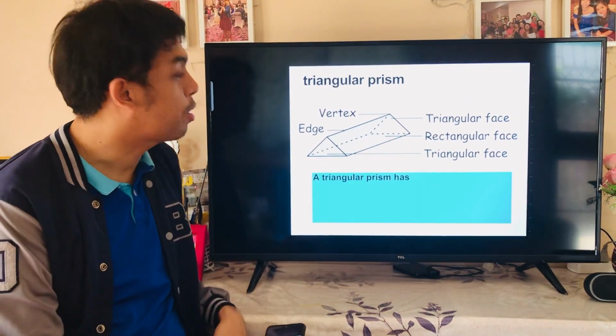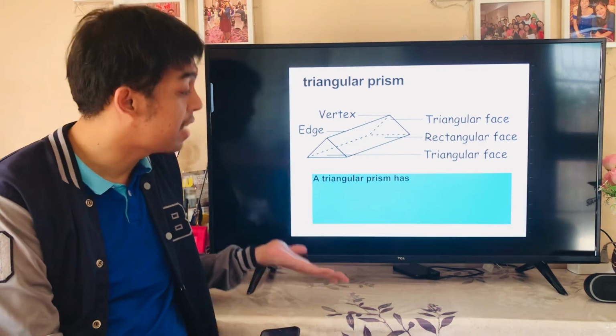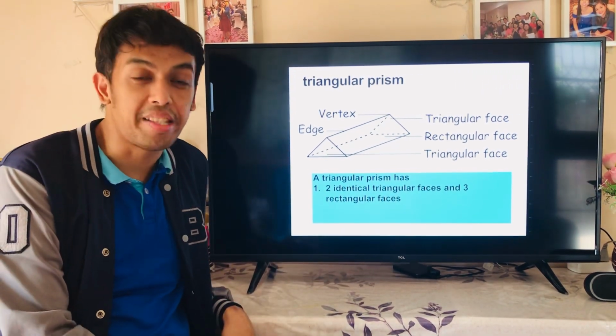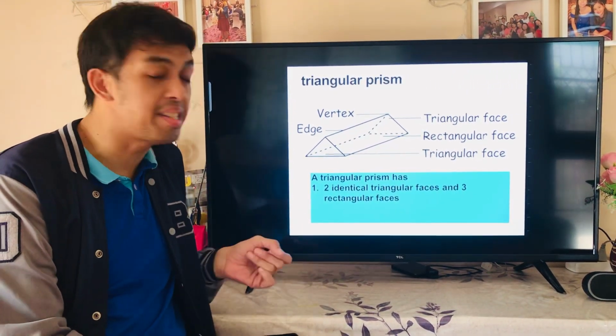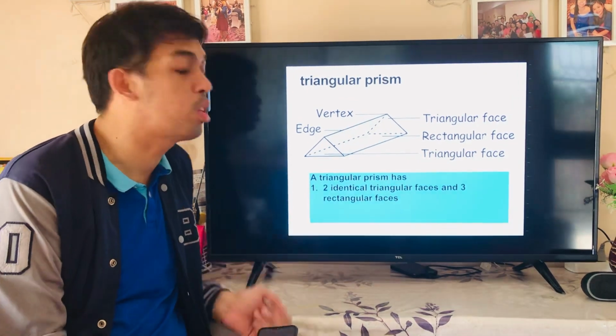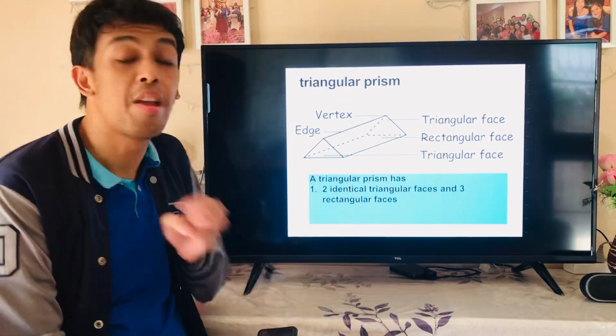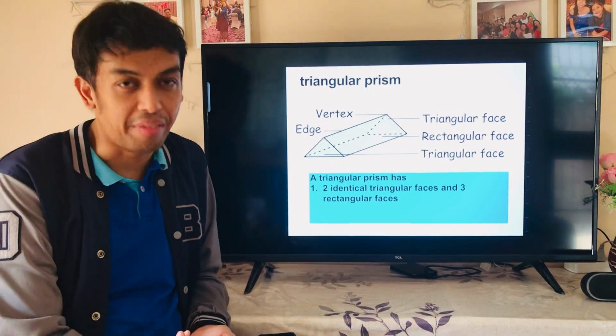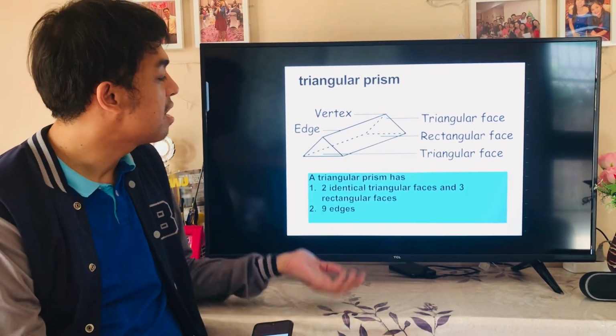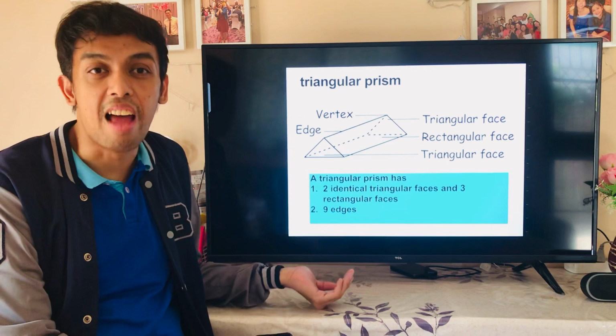So a triangular prism has, as you have counted, 5 faces. In those 5 faces, 2 of them are identical triangular faces. And 3 of them are rectangular faces. Also, a triangular prism has 9 edges.